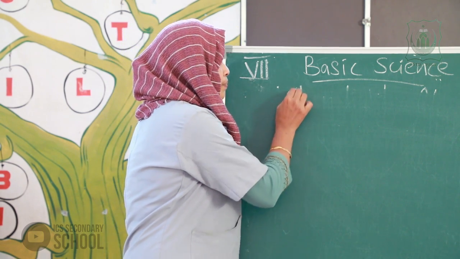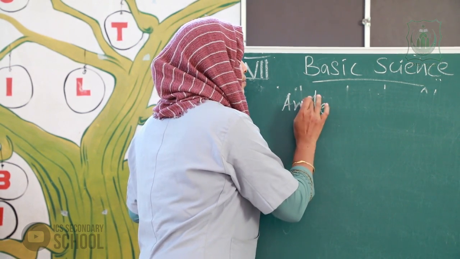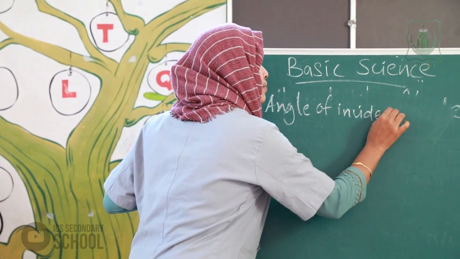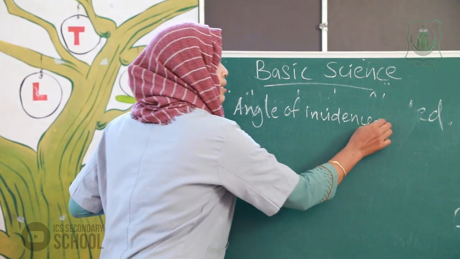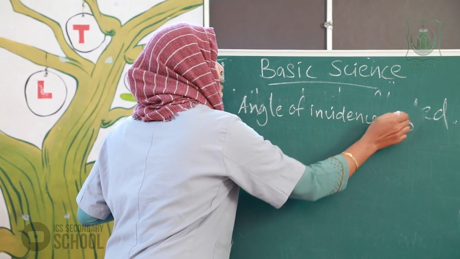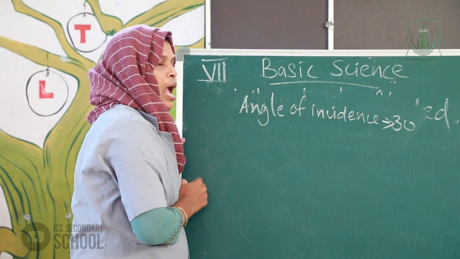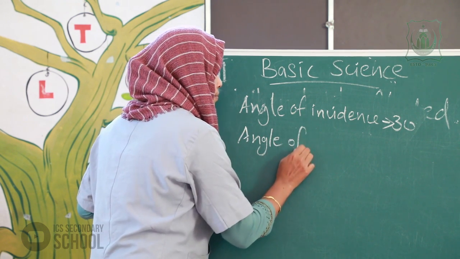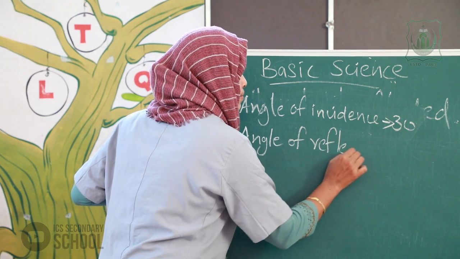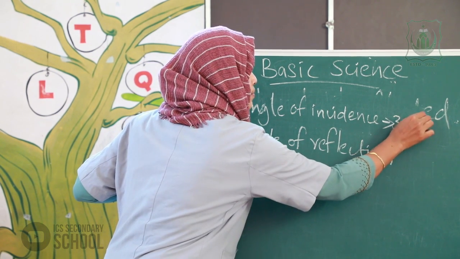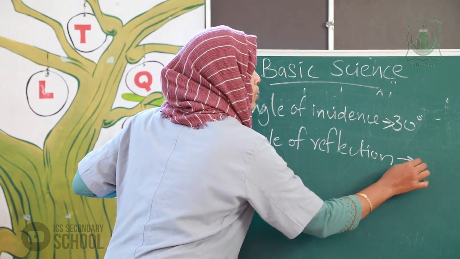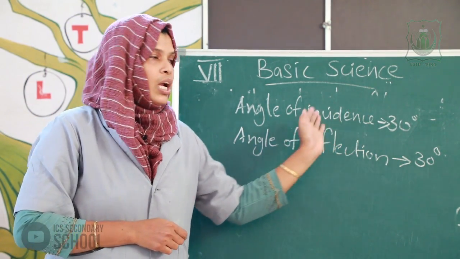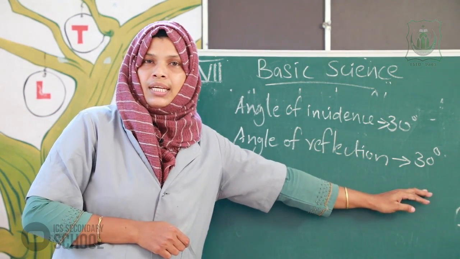When the angle of incidence is 30 degrees, the angle of reflection also becomes 30 degrees. When the angle of incidence is 40, the angle of reflection is also 40 degrees.